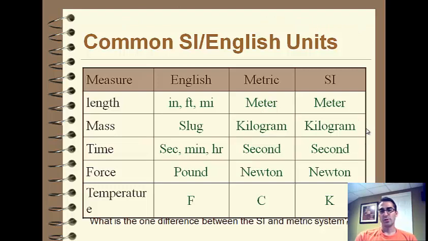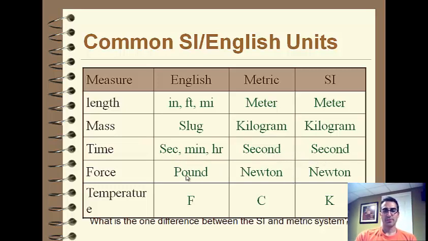And you'll notice if you go to pretty much any other country and you ask somebody how much they weigh, they're going to give you an answer in kilos. And a kilo is a kilogram. For time, we use seconds, minutes, and hours. The true scientific SI unit for time is the second.